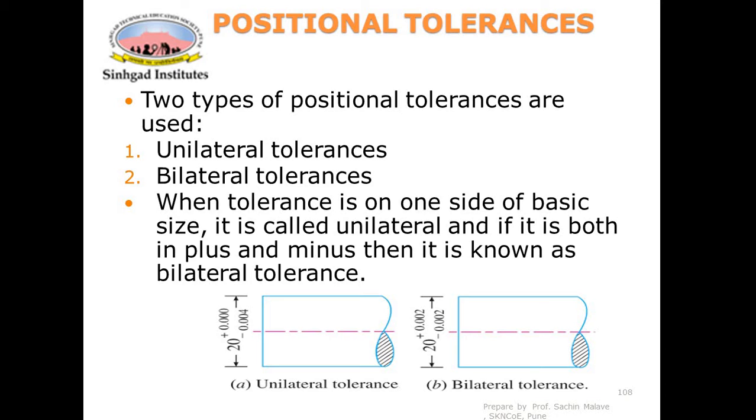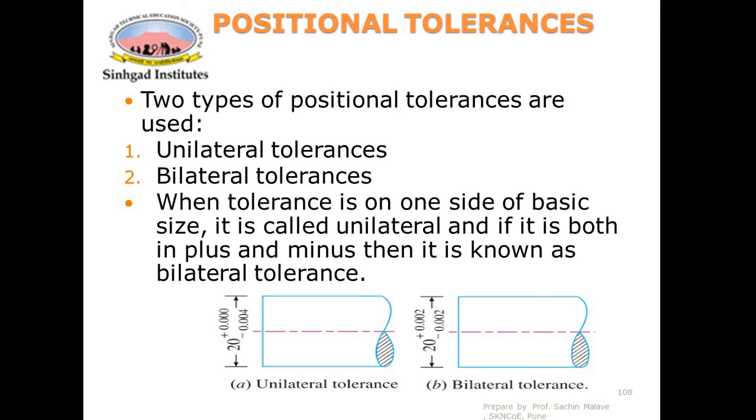But there is one more case here. This is the shaft again. Here the size is mentioned as 20 plus 0.002 and 20 minus 0.002. It means 20 is the basic size. So here the tolerance is given on both the sides, that is on positive as well as negative.